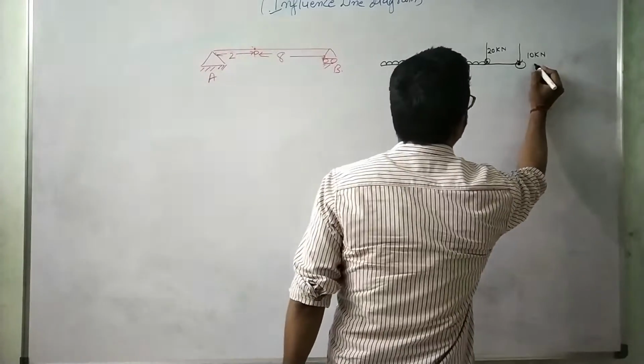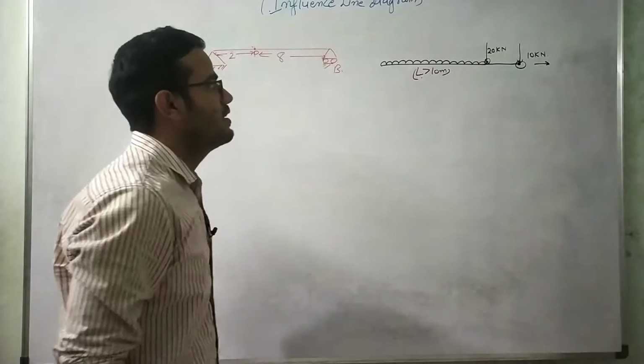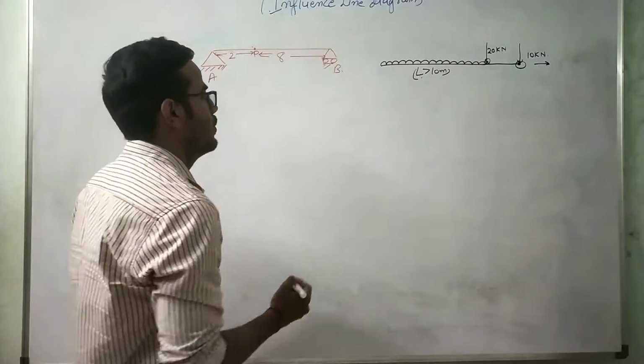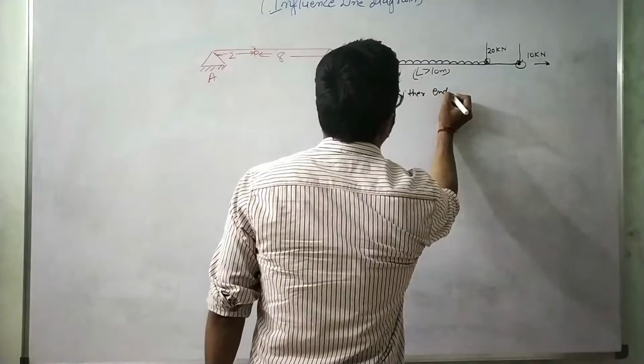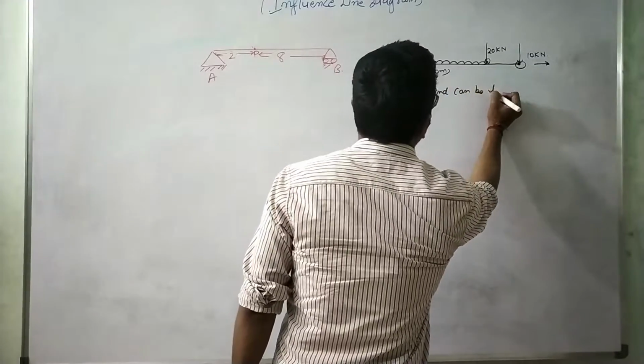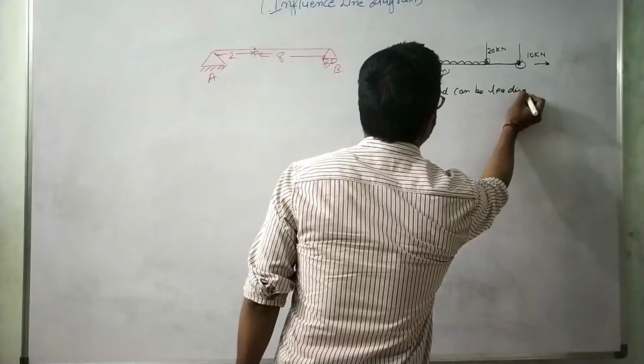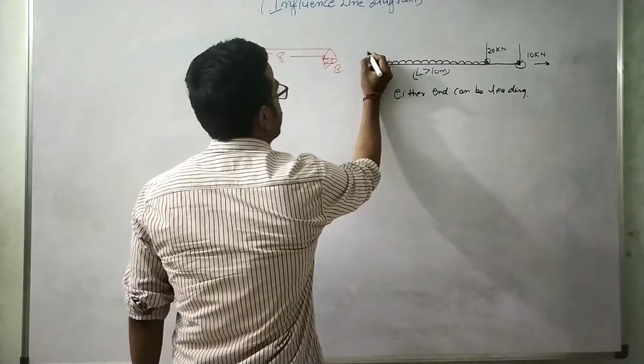This is the movement of the load, and one more condition is given that either end can be leading. So if this is the condition, this is our one system of loads.